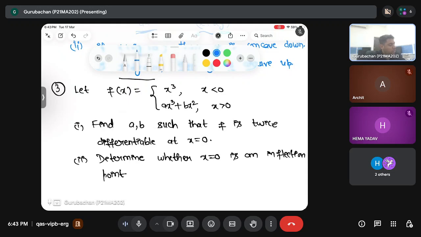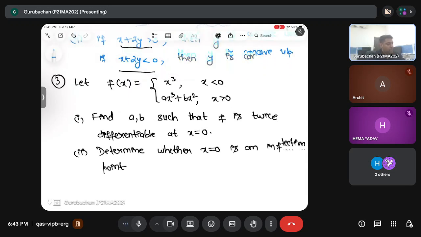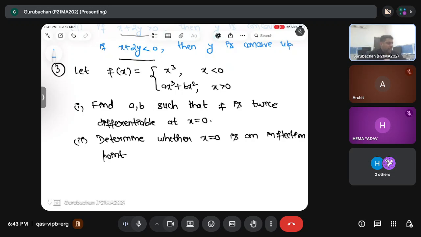So what is the meaning of twice differentiable? We know that for differentiability, continuity is a necessary condition. So first of all we need to maintain the continuity around 0, where x is less than or equal to 0. We need to maintain the continuity at x equal to 0.